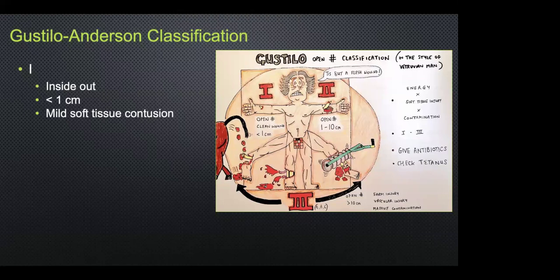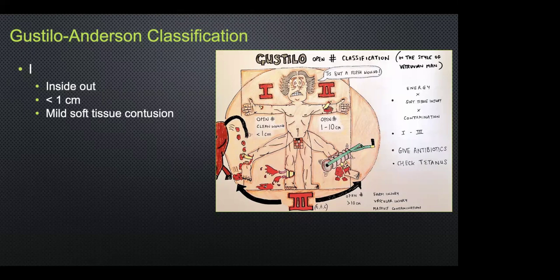That means you're going to see a really hard, blunt trauma, where as that fracture, that bone breaks, the sharp end of that break is going to perforate out through the skin, but there's not necessarily external wounding that occurs first. So these are typically smaller wounds. You can see milder soft tissue contusions or bruising.